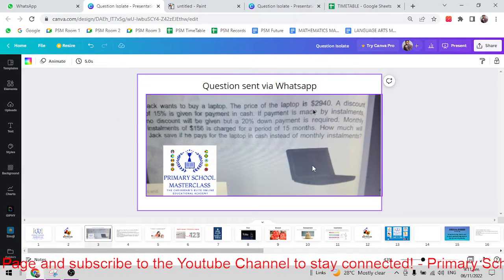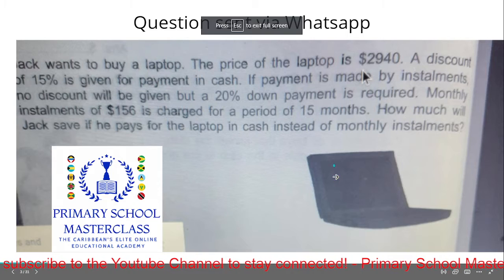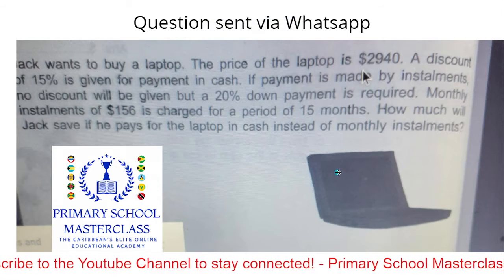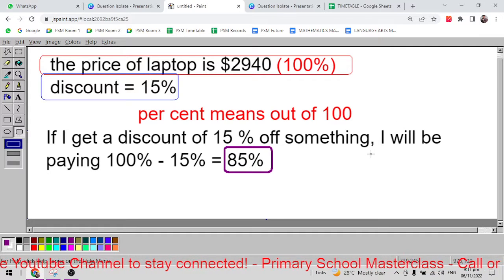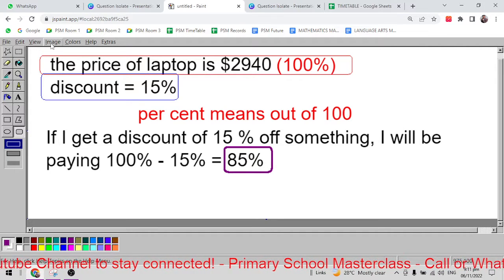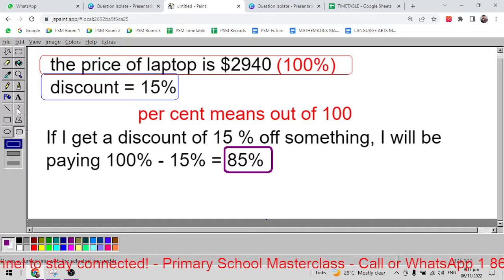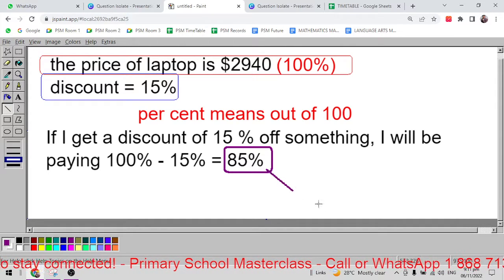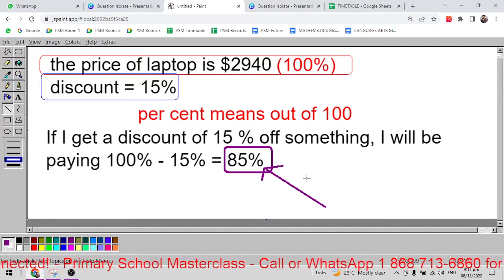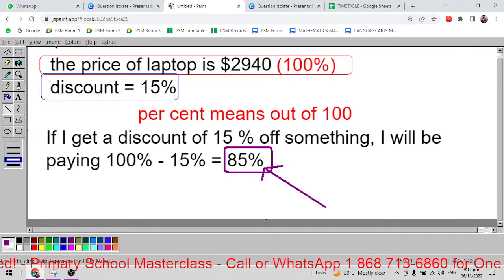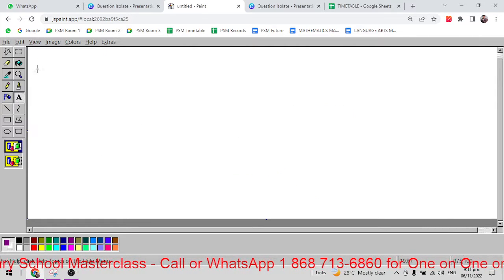So if I go back to the laptop and I just have to pay 85% in cash, let's calculate how much I would need to pay. Well, I can just find 85% of 2940, and that would be how much I would pay for the laptop in cash.